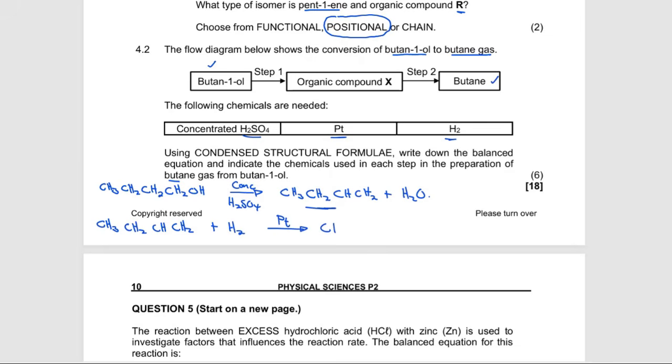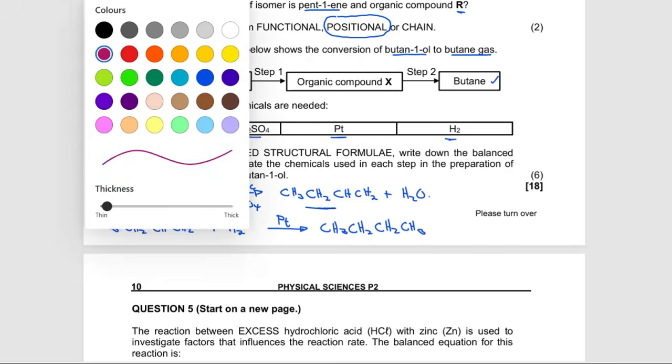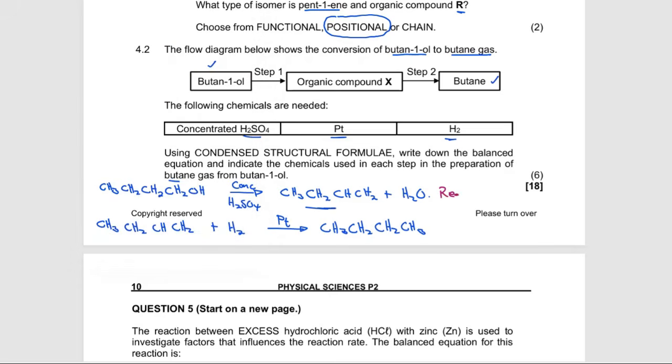Then we're going to have CH3, CH2, CH2, CH3. So at the top there, we're going to have reaction number one or step number one, right? Then at the bottom there, we're going to have our reaction number two. So these are the answers that we're having there.